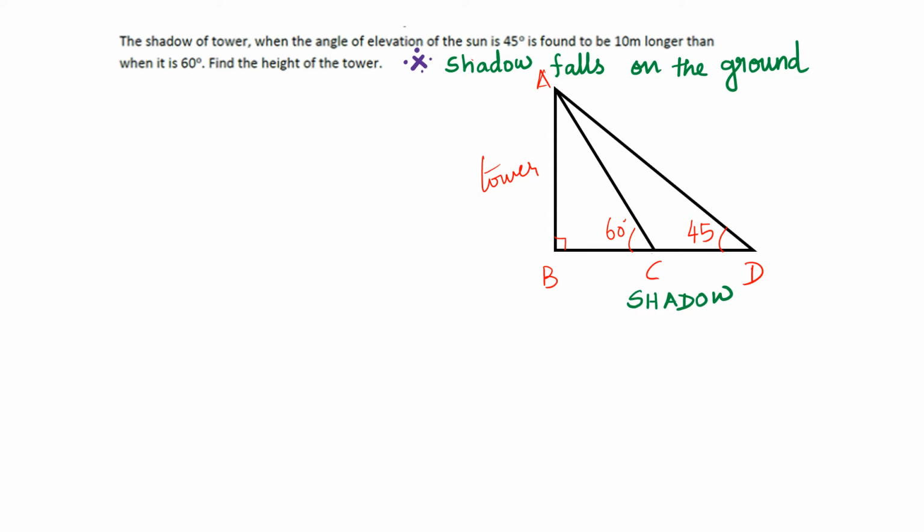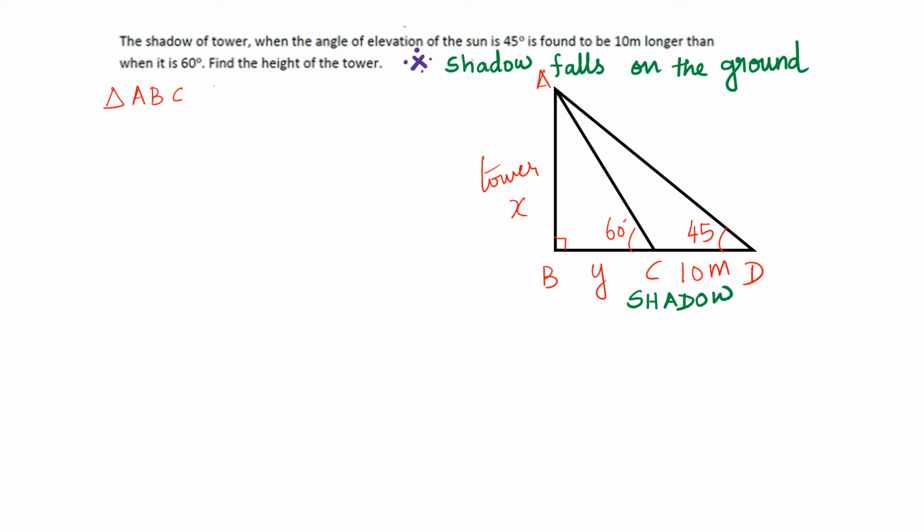We already know that 45 degree shadow is longer than that 60 degree shadow. So this is 10 meter longer than the 60 degree shadow. So now what we have to take is this you take it as X, this you take it as Y. Okay. First we take that triangle ABC.